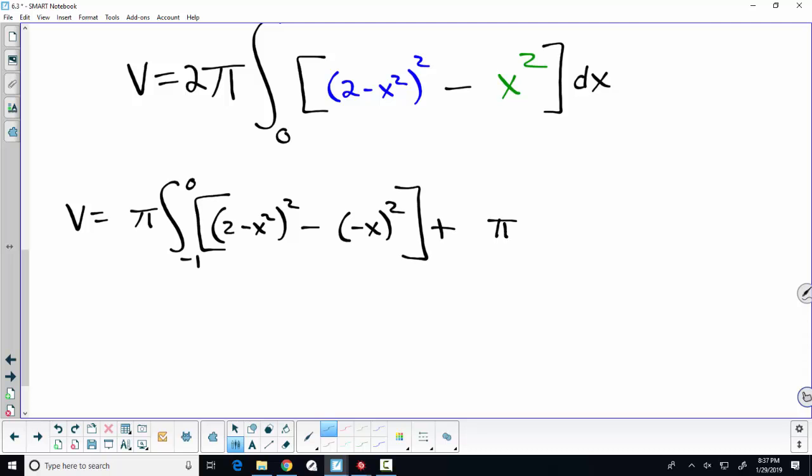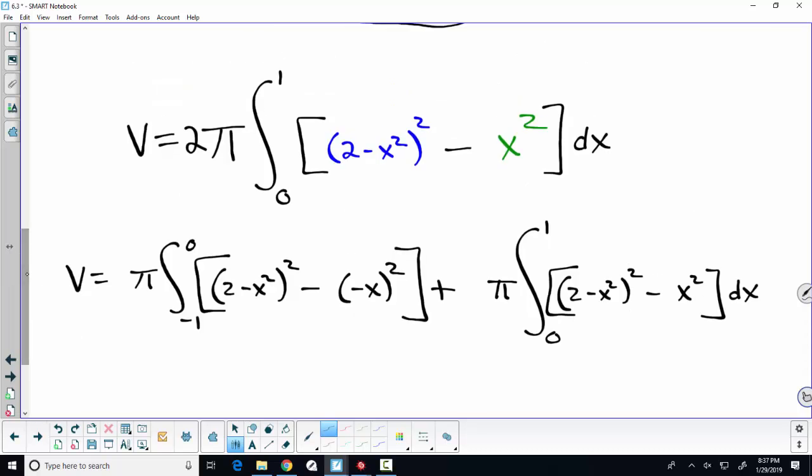Plus the integral from 0 to 1 of what we have here, 2 minus x squared minus x squared dx. Still the same answer, same volume, but utilizing symmetry is much easier, right? You just get that as opposed to that. We'll just say that this is without symmetry.